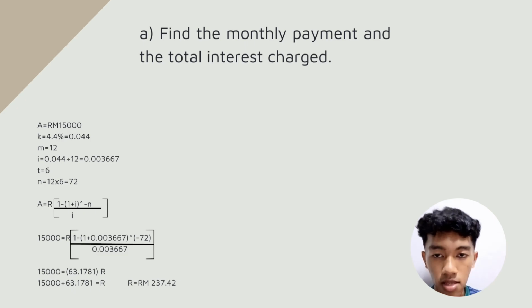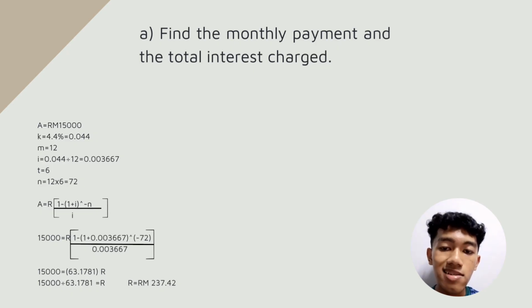Next, N is the investment period. To calculate N, M multiplied by T, so 12 multiplied by 6 equals 72.